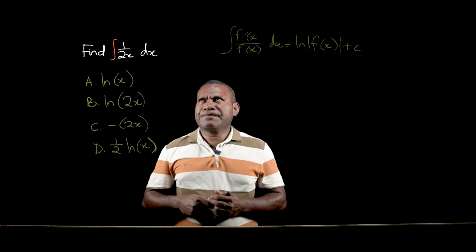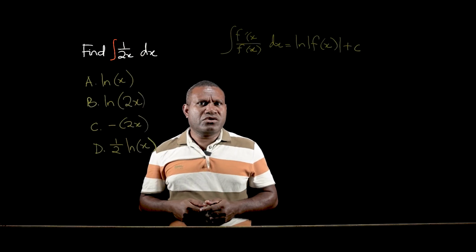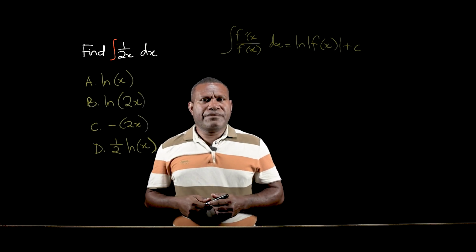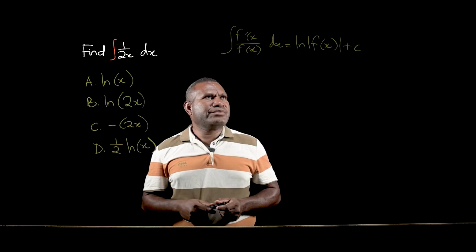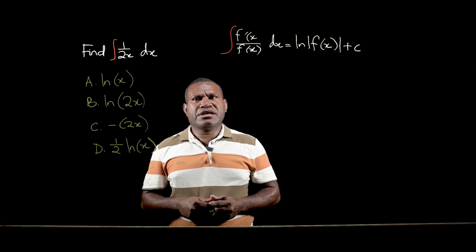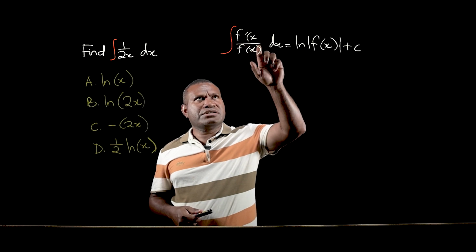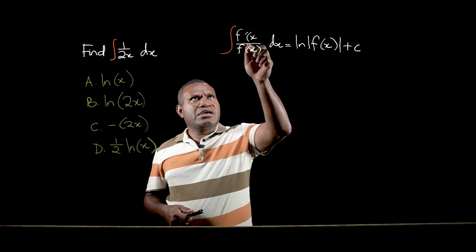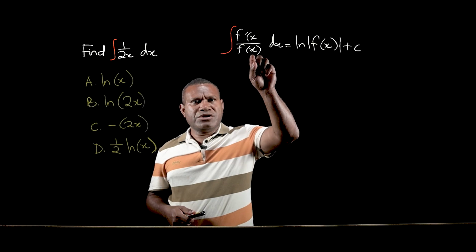Now, as you can see, the function under the integral symbol is a fractional function or a rational function. According to what you have learned, a standard result is here. If you are given a fractional or rational function and you are to integrate it, make sure that the top numerator is the derivative of the bottom denominator function.